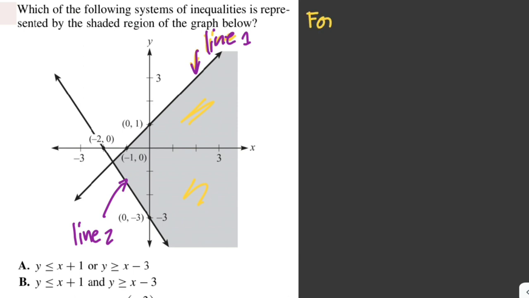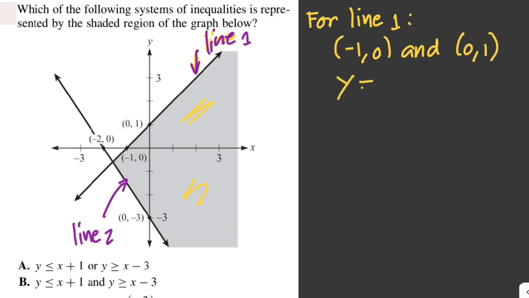For line 1, we're given the points (-1, 0) and (0, 1). We need to write this in the form y equals mx plus b, the slope-intercept form.